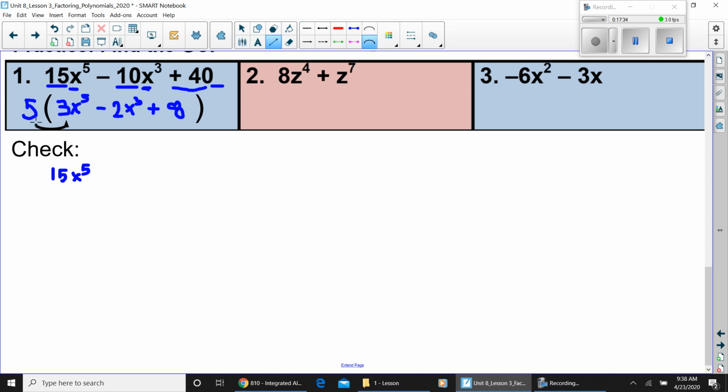Then we have 5 times negative 2x to the third, and that is negative 10x to the third. And one more, we have 5 times 8, and that is plus 40. And that is correct, it checks out.